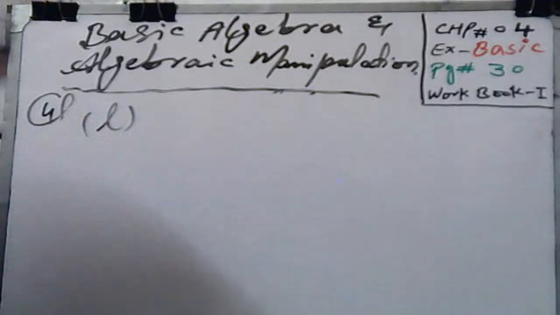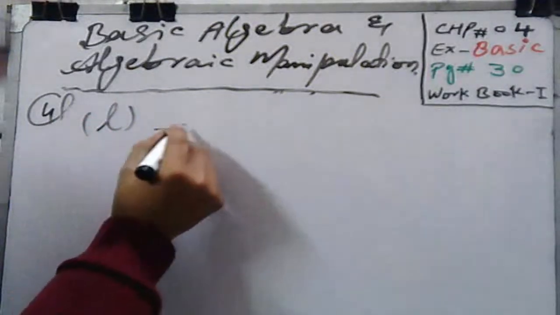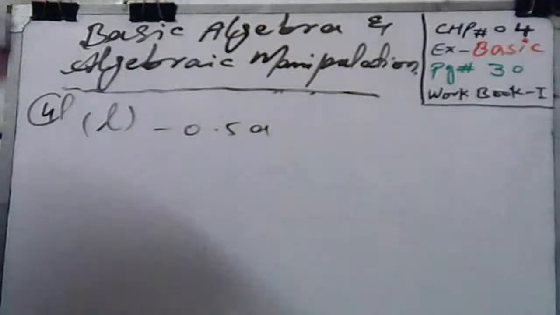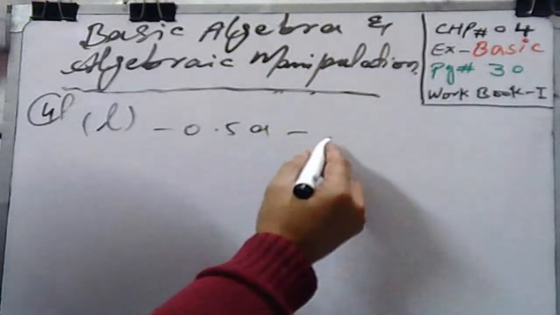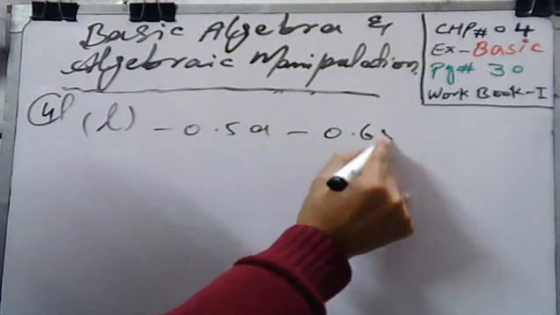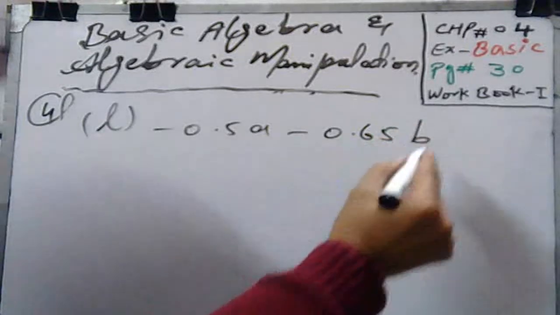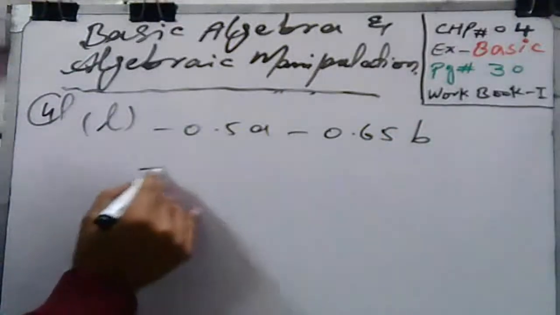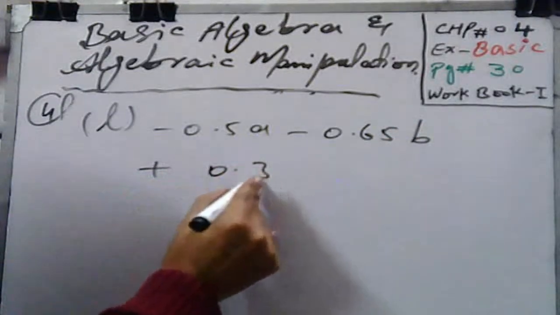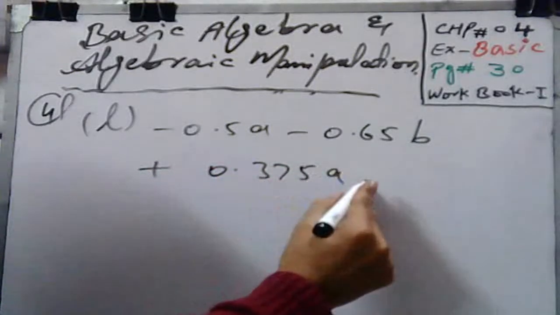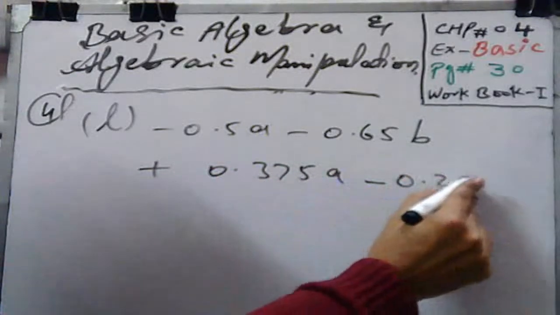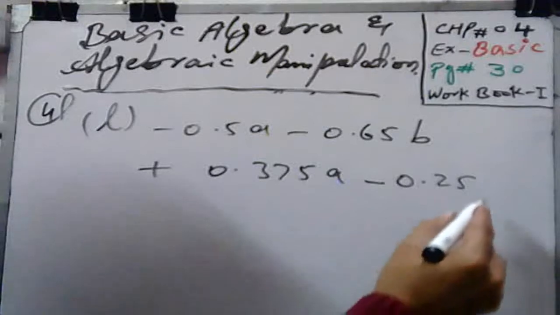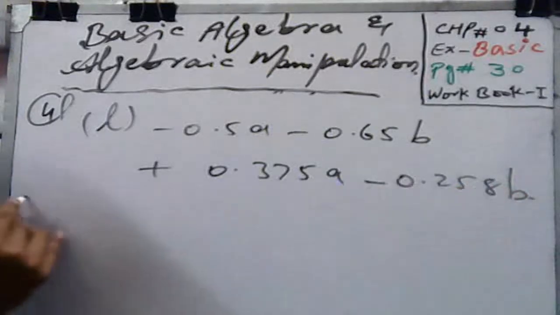Last question, L part: minus 0.5a minus 0.65b plus 0.375a minus 0.258b.